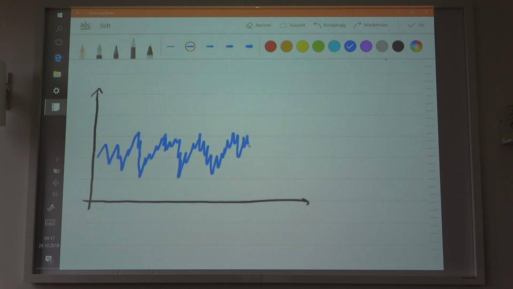Something like that. What you have here is that the mean is constant, so this is the mean, and the mean does not depend on time. You also have that the variation of the process does not depend on time either, so you have the same variation all the time. This is a typical stationary process.